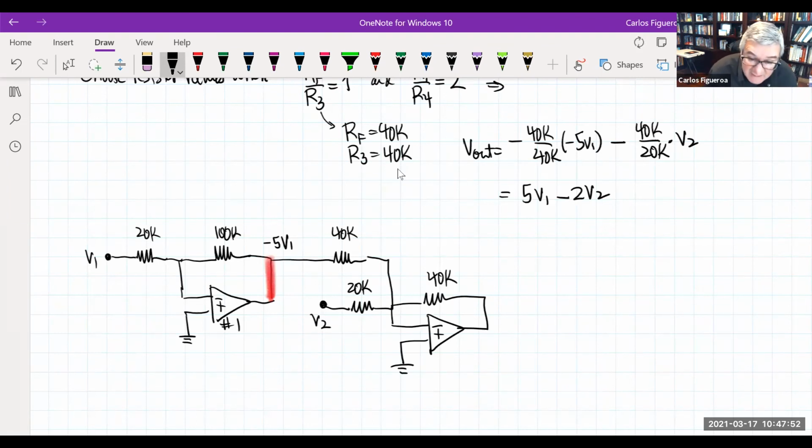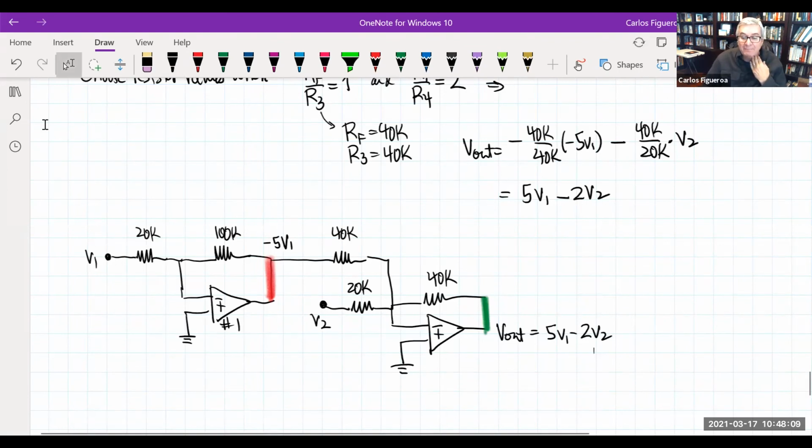And so this then gives me the second output node. And the second output node tells me that V out is then going to be 5V1 minus 2V2. And that's an example of how you would design an op amp circuit right there.